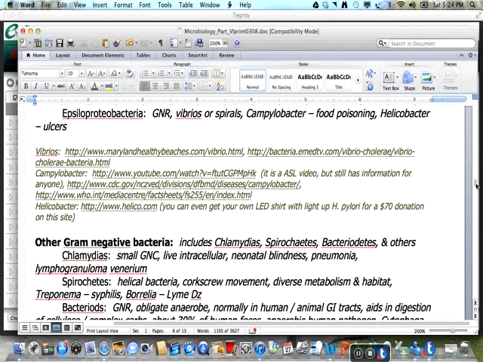The epsilon proteobacteria are gram-negative rods, vibrios, or spirals. These include Campylobacter causing food poisoning and Helicobacter causing ulcers. We've got a couple of websites on the vibrios, particularly Vibrio cholerae, which is of clinical significance. There's a video here on Campylobacter.